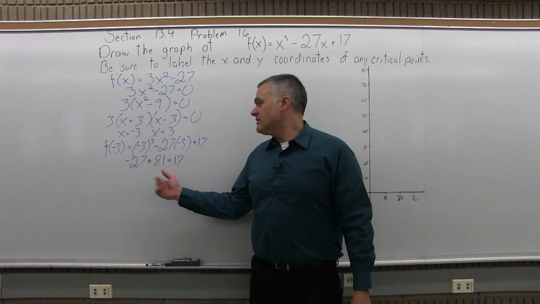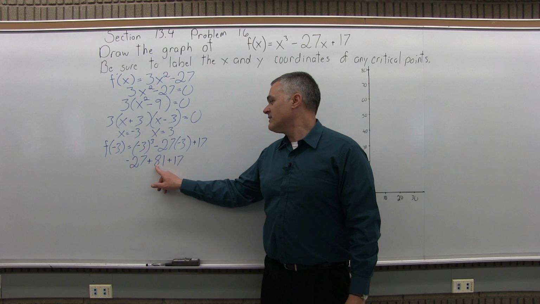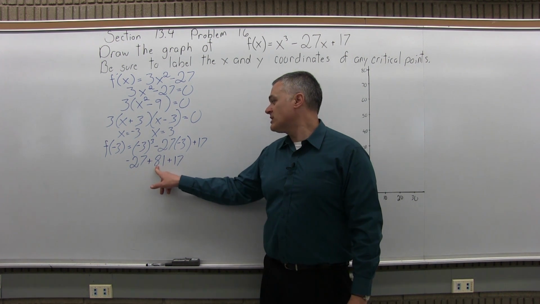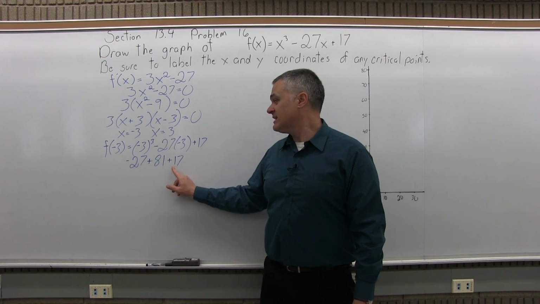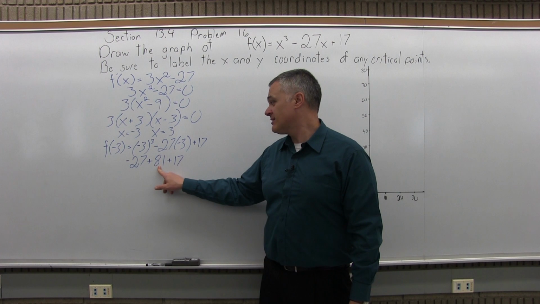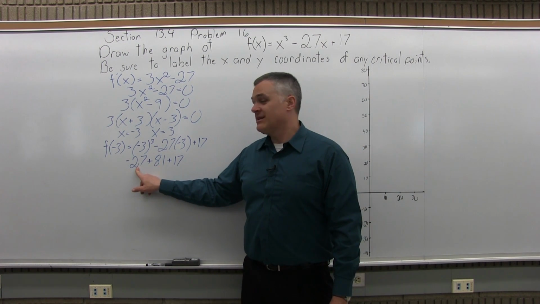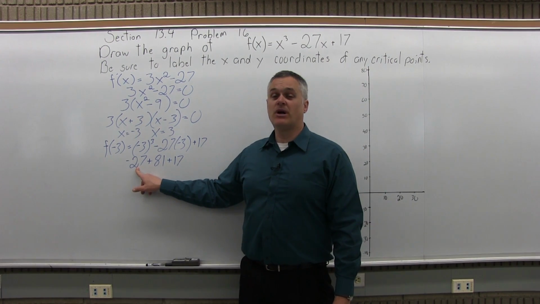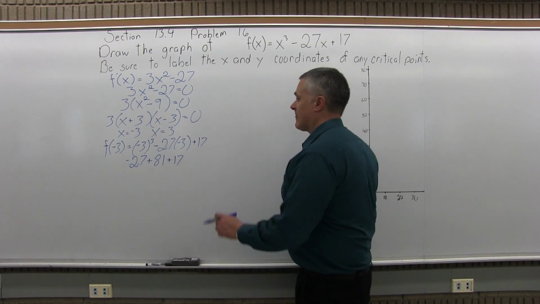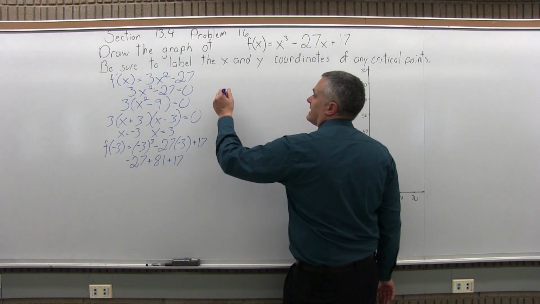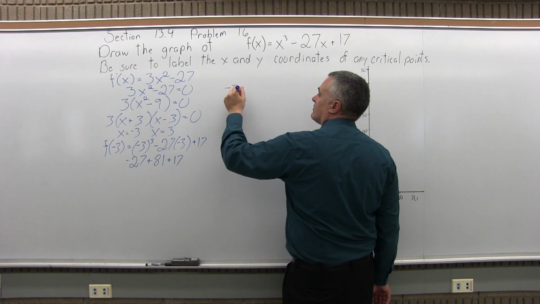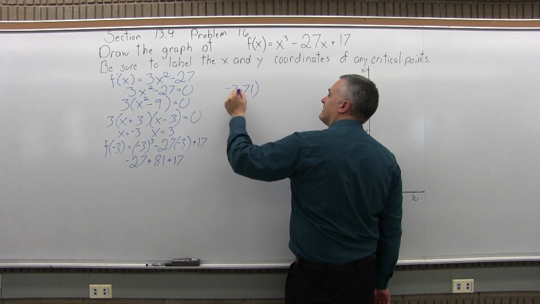Now, if you combine your negatives and positives, positive 81 and positive 17 is going to be positive 98. Positive 98 and negative 27 is positive 71. So one of my critical points has an x coordinate of negative 3 and a y coordinate of 71.